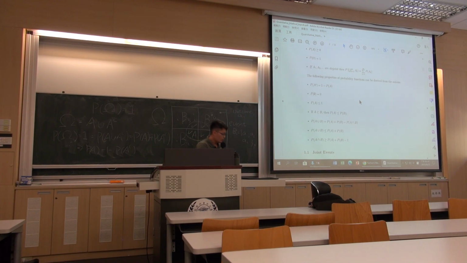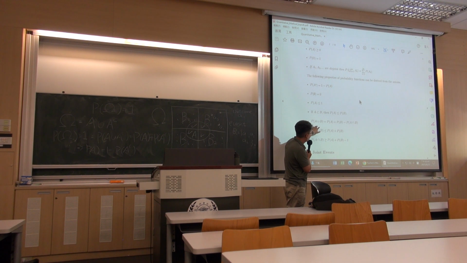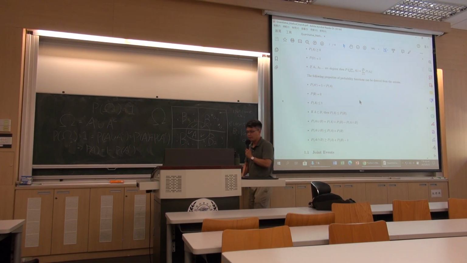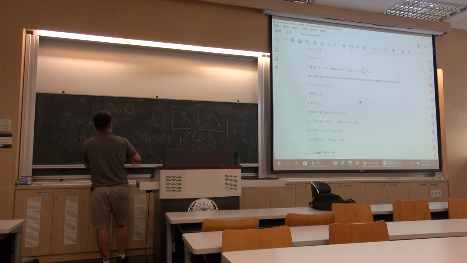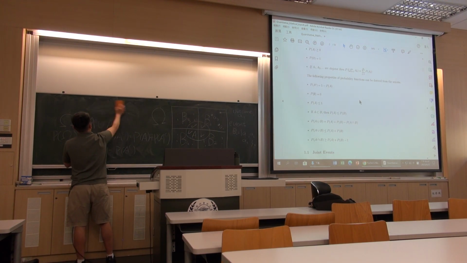Okay, and we talked about how to compute the union of two events if they are disjoint. But what if they have some overlap? Then you have to use this formula to calculate it. And actually, it's quite intuitive.